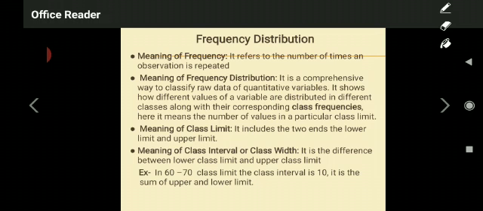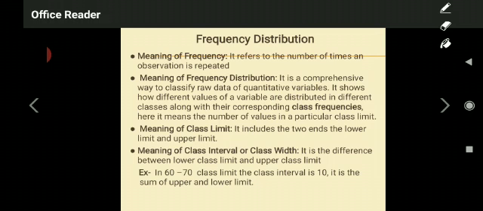60 to 70 class limit is there. Suppose, for example, the class interval of 60 to 70 class limit is 10. You know why? The class limit is 60 to 70.